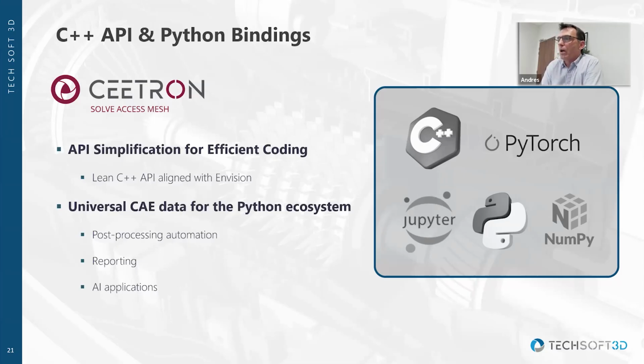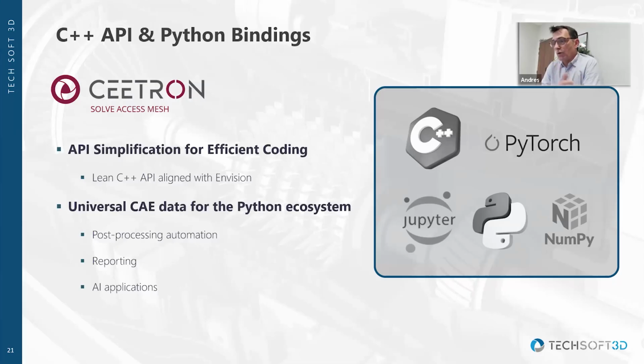That's the word. By providing it in Python, there are things that open up. For example, post-processing, we could automate that with Python. Something we already do a bit with Envision, but don't have as much data as Access can provide. Combining that data access with other Python tools in the ecosystem, you can really see applications that will lead to automatic reporting.